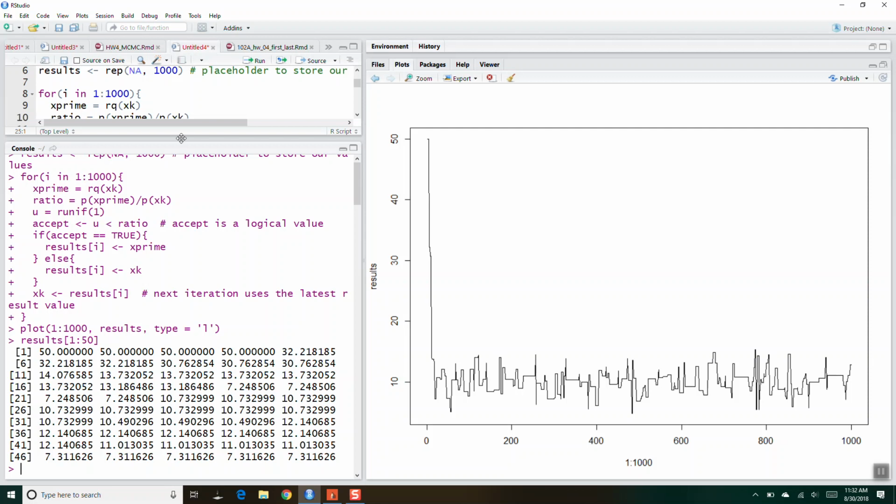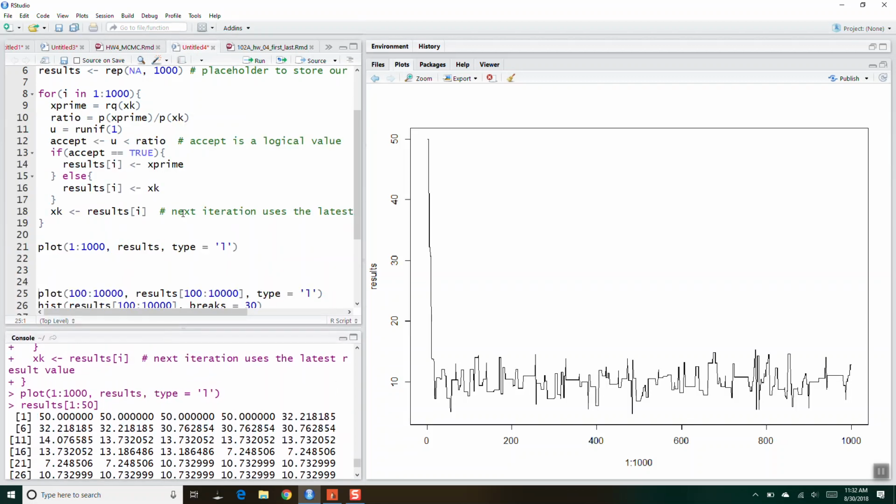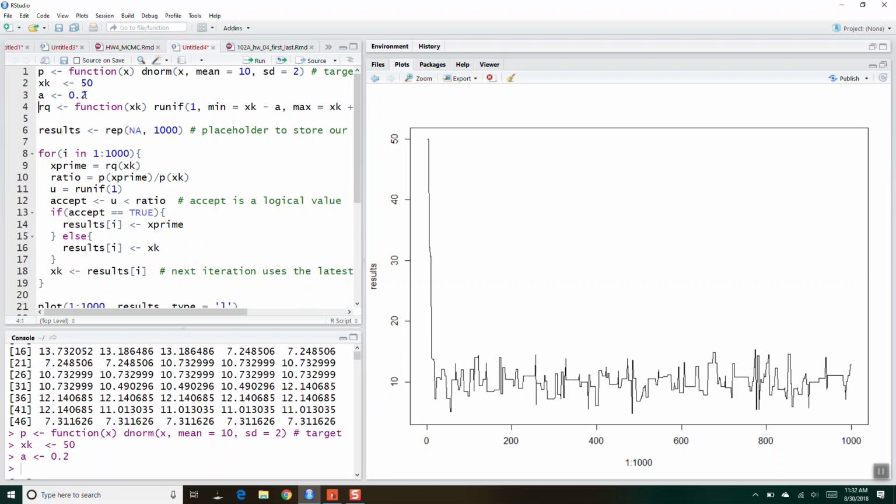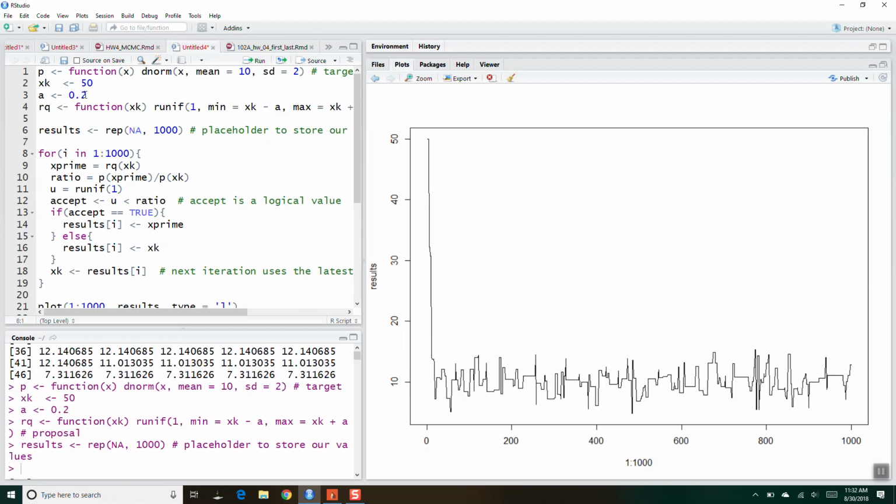Okay, what happens, and this is part of your homework, I guess this is the problem I did for you guys. What happens if instead of going plus or minus 3, I go plus or minus 0.2? We start off at 50 and we go plus or minus 0.2. What will happen here?